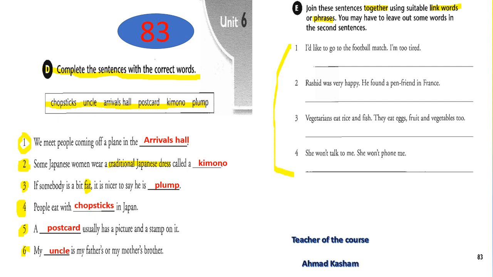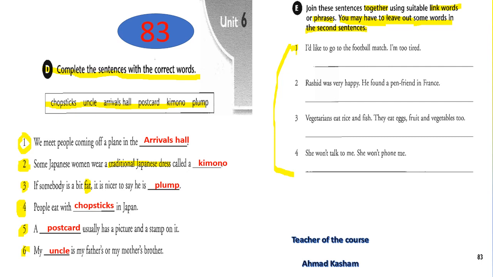In each number we have 2 sentences. I want to make them one sentence using one of these link words: but, and, or, as well as. Also, I should pay attention that you may have to leave out, to delete some words in the second sentences. Which words? Unneeded words or repeated words.